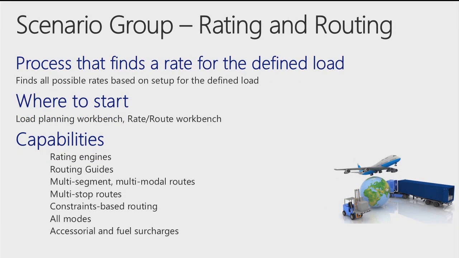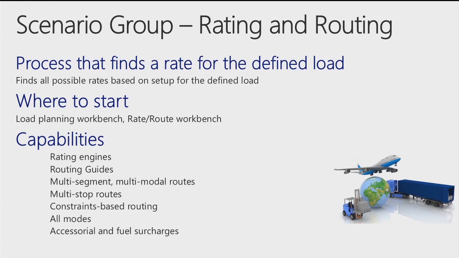This is a process where, after we have defined the load or the shipment, we want to find a rate and route for it. Basically, we want to find the most optimal rate that would be suitable for the load. For that, we select the load that we want to rate and then go to a so-called rate route workbench.